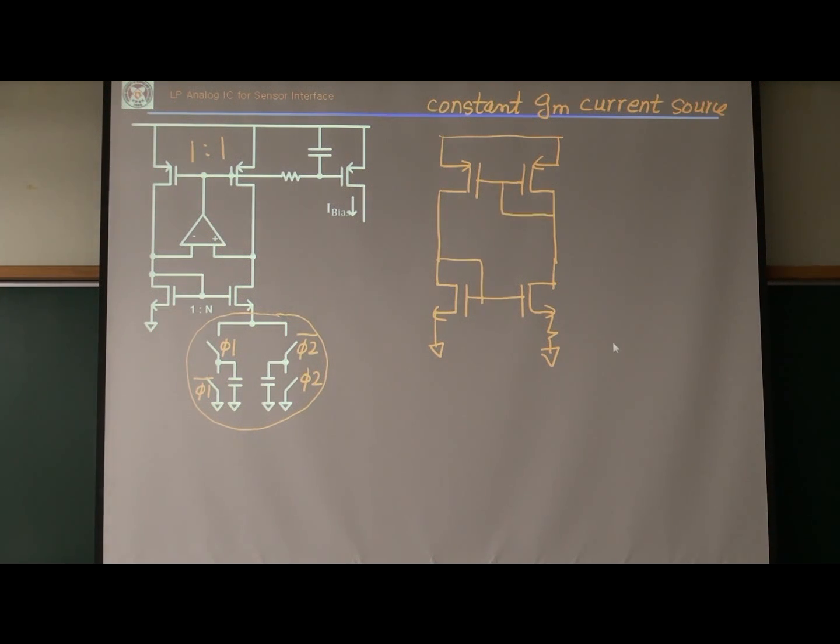That's a constant gm current source. But actually this PMOS diode is replaced by this differential amplifier. This is useful for low supply voltage circuits. We can reduce VDD even further by using a differential amplifier. So let's redraw that part.